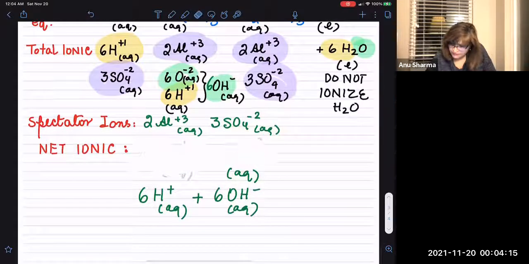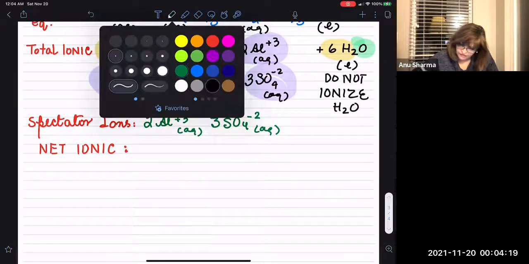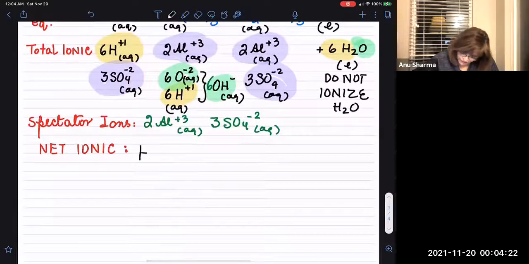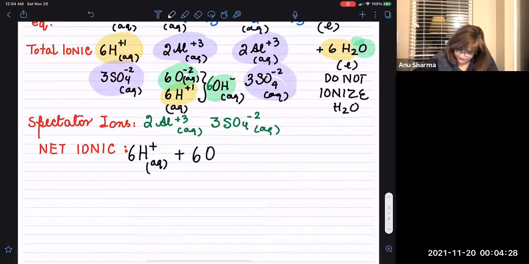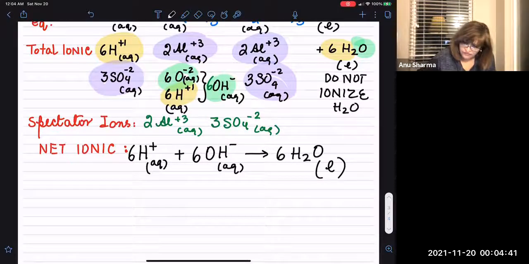That's better, because the final reaction is with the OH only. So put it this way: 6 hydrogen ions, aqueous, plus 6 OH ions, aqueous, gives you 6 H2O, liquid.